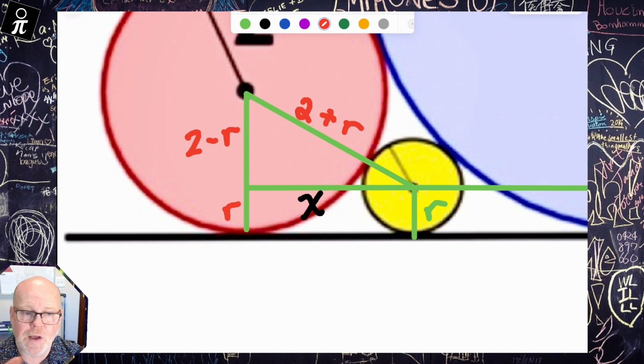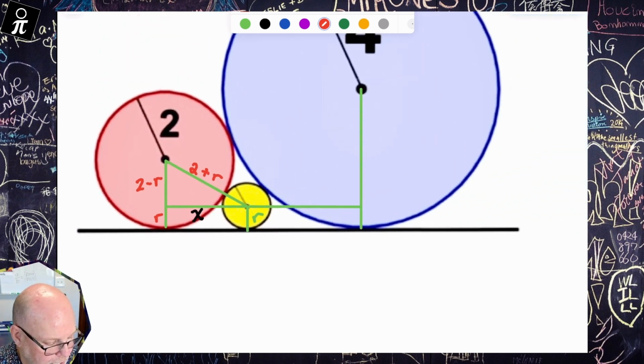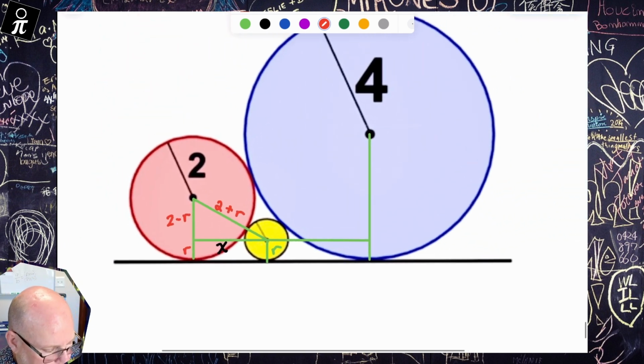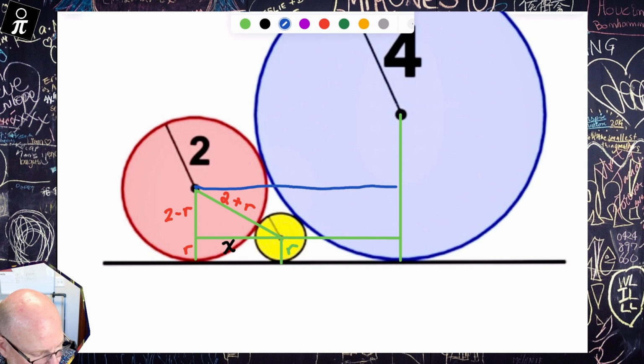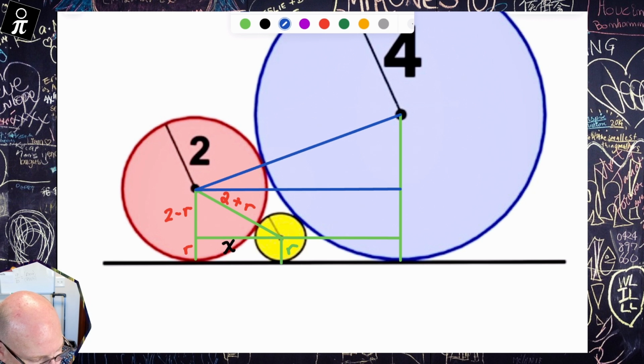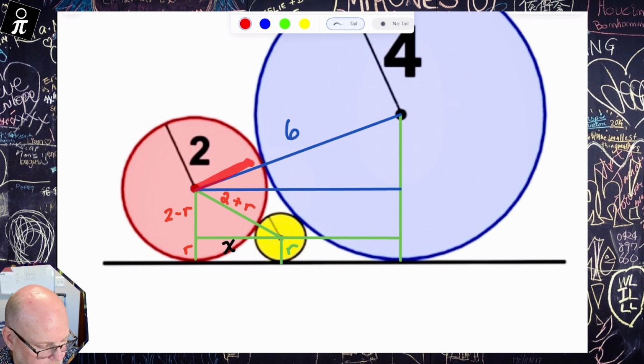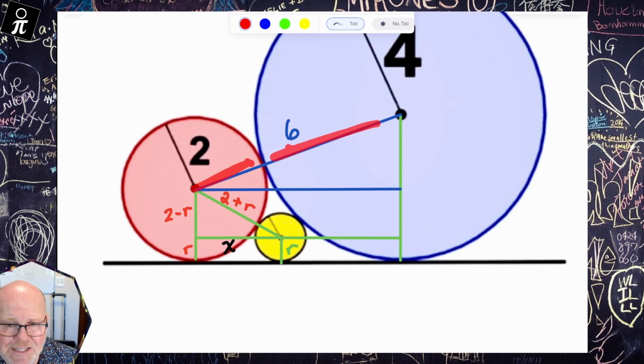All right, so now we've got three sides of that right triangle. And then we've got another right triangle happening here, from here to here. We don't know what that length is, but we definitely know this length right here. That's 6, because we've got 2 here plus 4 here. And we know what this leg is.